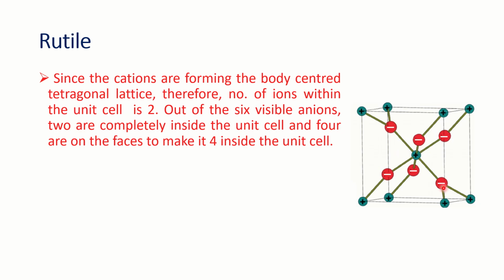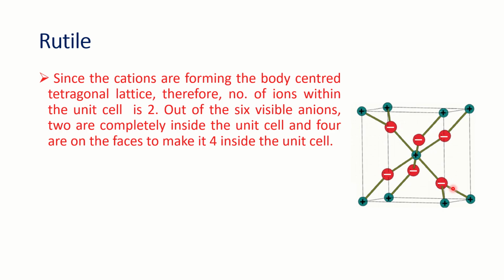In the axial position, the oxide ions are completely inside the unit cell, while the oxide ions in the equatorial position belong to the face of the unit cell. That means half are inside, half are outside. So half into 4 equals 2. So 2 plus 2 equals 4. So 4 are inside. So the ratio or the stoichiometry is Ti2O4, that supports the MX2 type of stoichiometry.